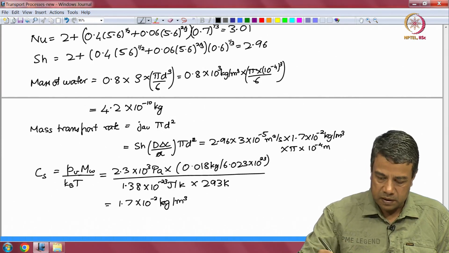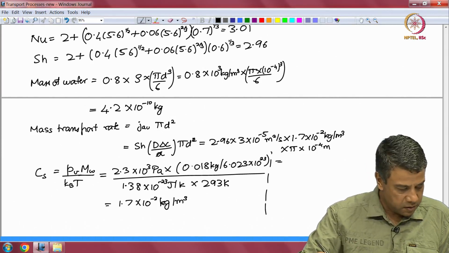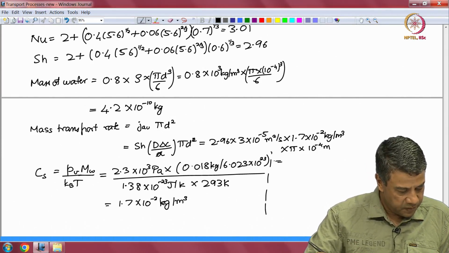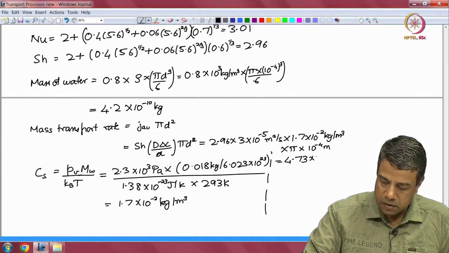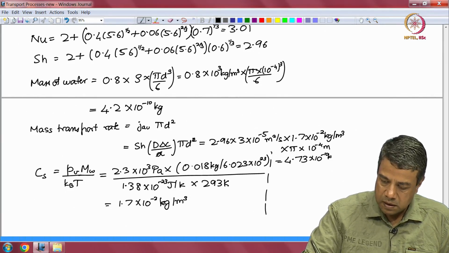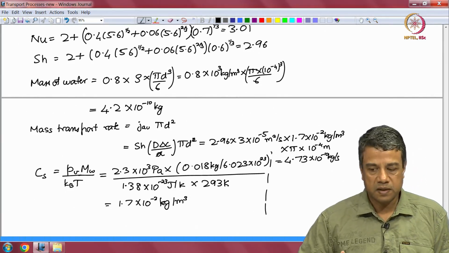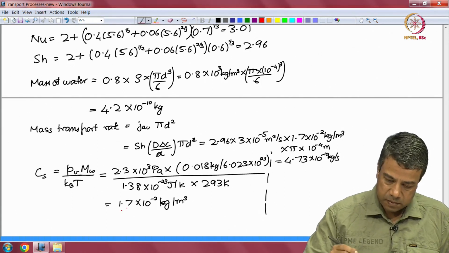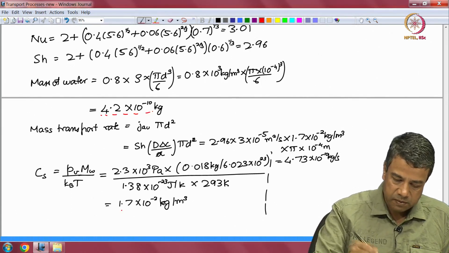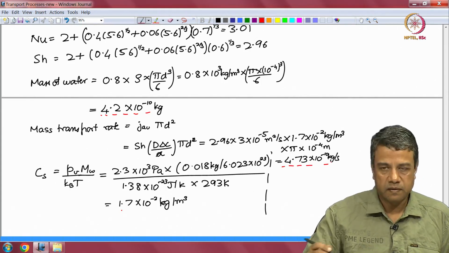And you can evaluate this, and this turns out to be equal to 4.73 into 10 power minus 10 kg per second. Okay. So, that is the rate. This is the amount that has to be evaporated. This is the rate of evaporation.